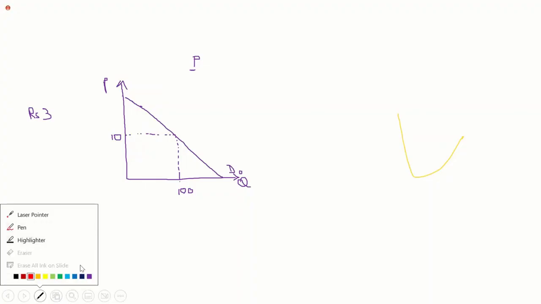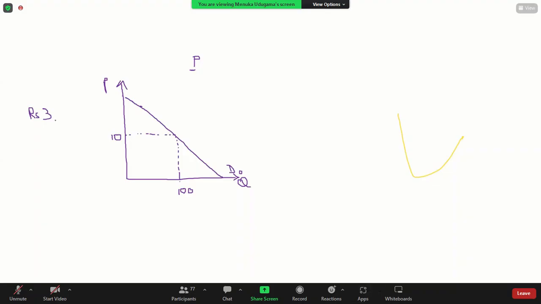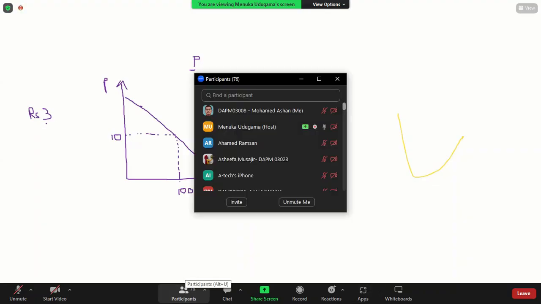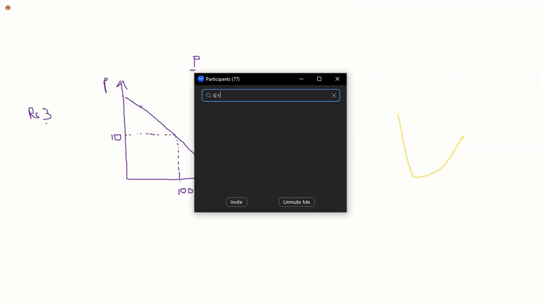So you can see that the consumers pay 10 rupees per kilo and they purchase 100 kilos at that price. And if the tax is 3 rupees, we have to remember that although the government imposes this tax on the consumers, there is an effect on the producers also.